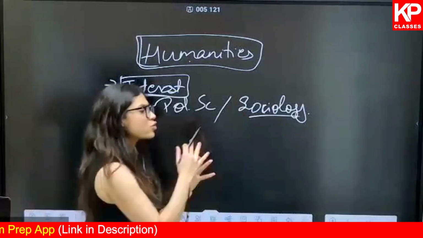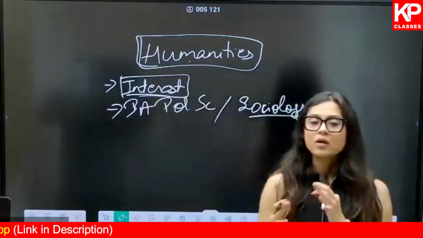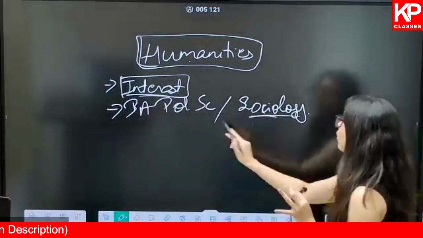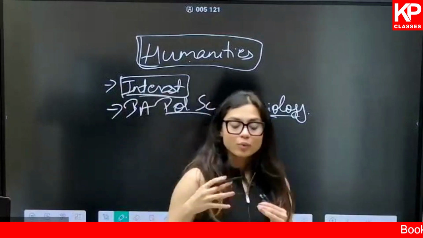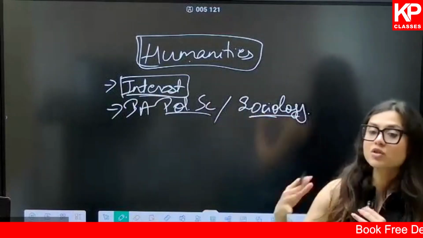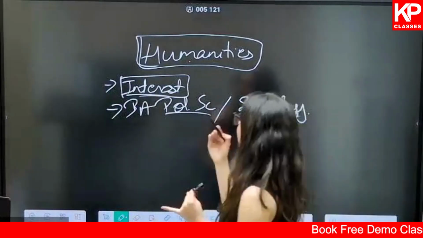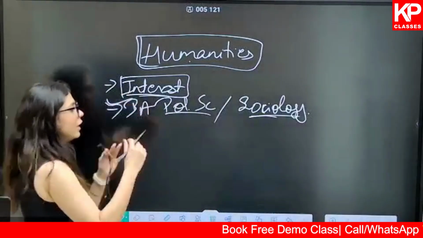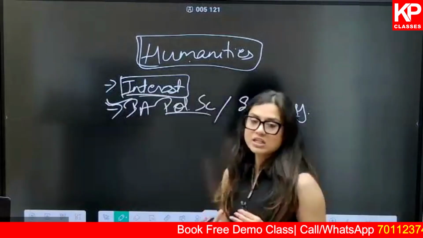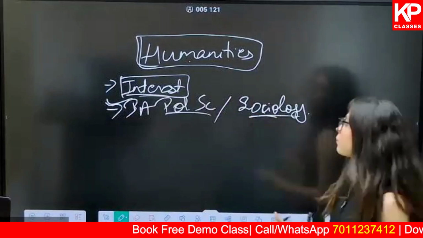If you want to start your own NGO, a grassroots initiative, then BA political science or sociology. Anyone can take any course, but it is more relevant and more suitable for you.